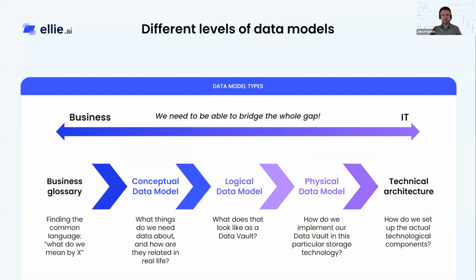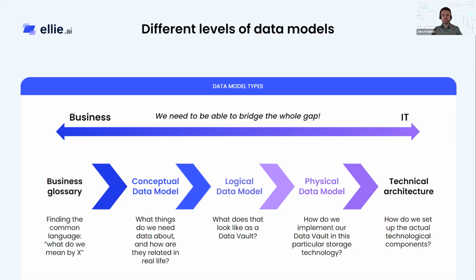So what do you mean by a customer or product or something like that? And when you have understanding of what these things actually mean, you can create a conceptual data model to explain the structure of what do you actually need to know, how are things related to each other in real life without looking at the systems where the data is stored yet.